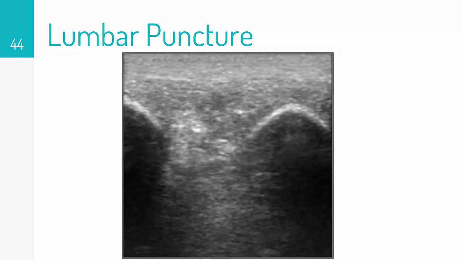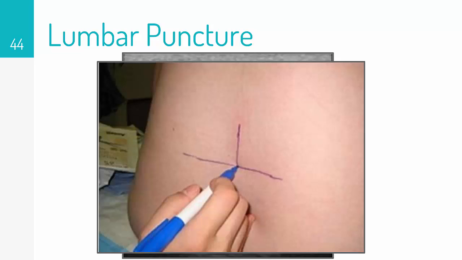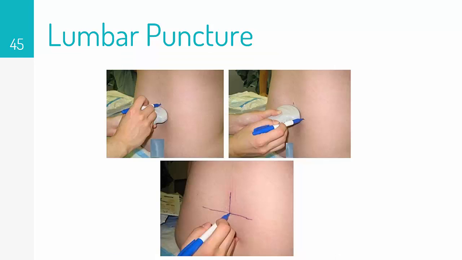Once again, we will find the hyperechoic spinous processes, but this time we will mark the space in between the spinous process for needle insertion, essentially creating a crosshair target for the procedure, as shown here. Once the target is completed, prep and drape the patient, insert the needle towards the umbilicus. So as you can see here, we're marking our anatomic midline, and then here we're marking our interspinous space, and then we basically create a crosshair, and this is where we're going to be inserting the needle.